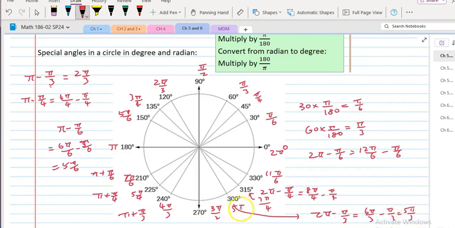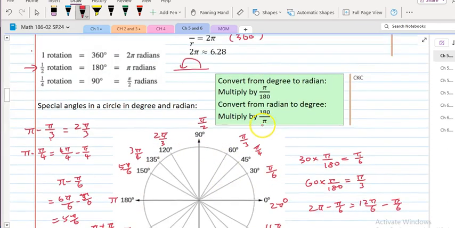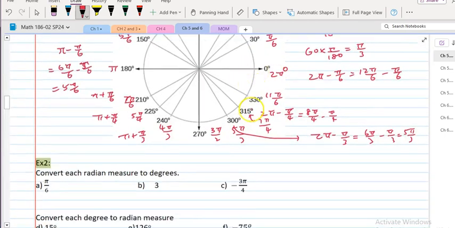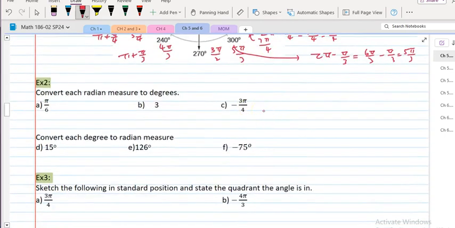So there we have all the radian measures of special angles in a circle. This is a special angle because we can actually find the exact value of some trig functions. So this is important.